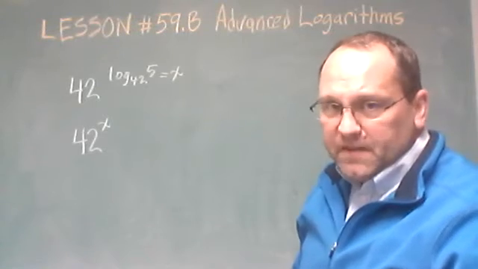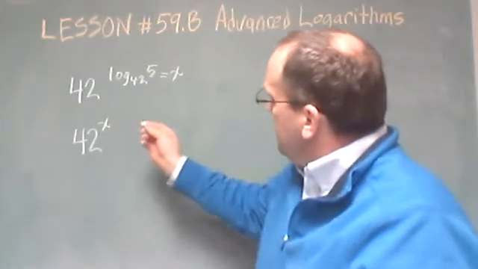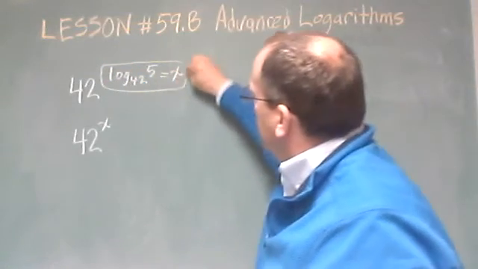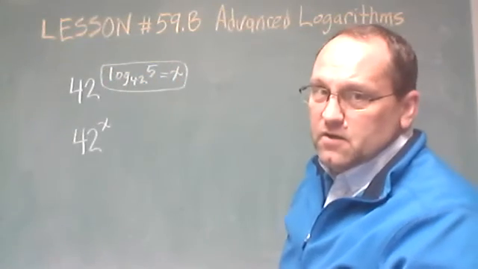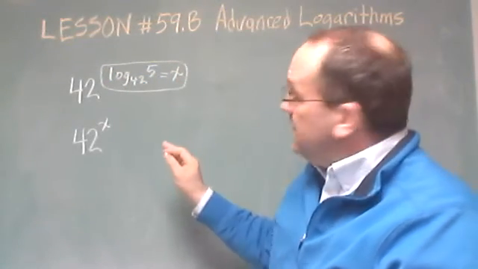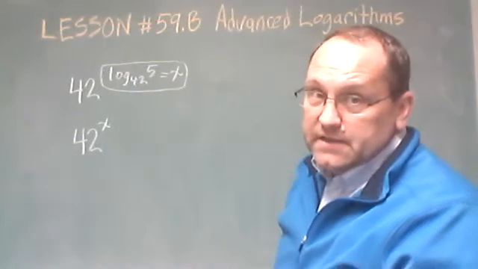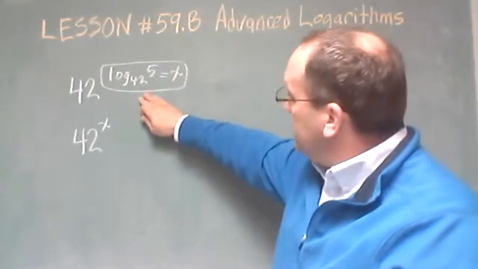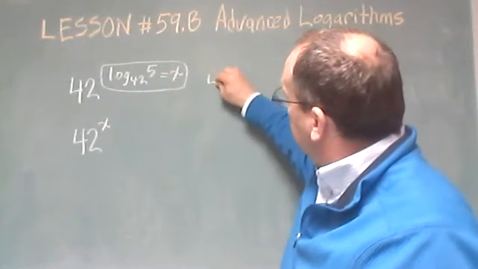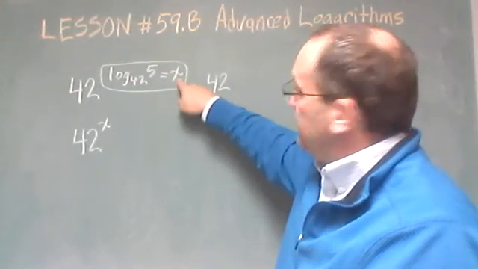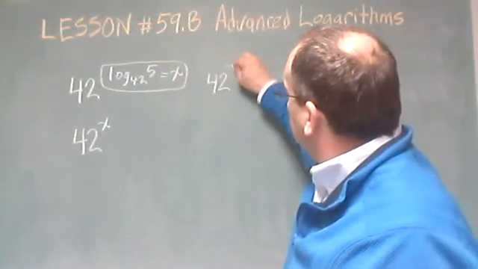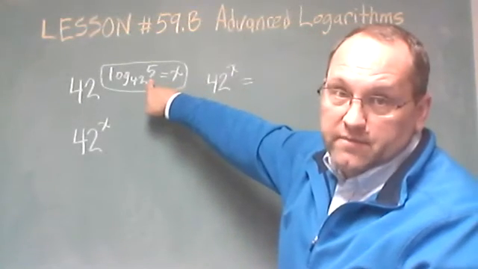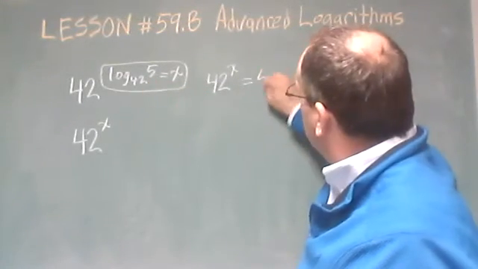Well, if I notice here, taking this logarithmic expression, I've defined that as x. By definition, expressing this in exponential form, how would I express it? I would express the base to that exponent, x, equals the argument in the logarithmic expression, which is 5.